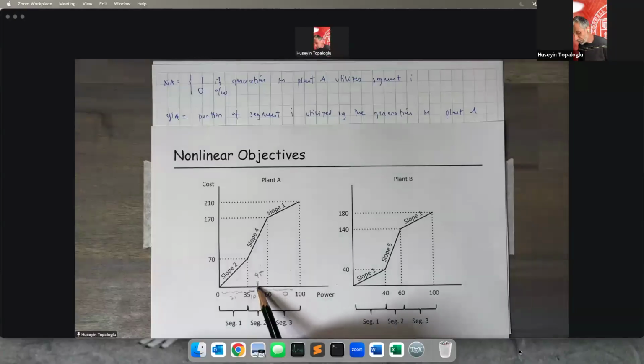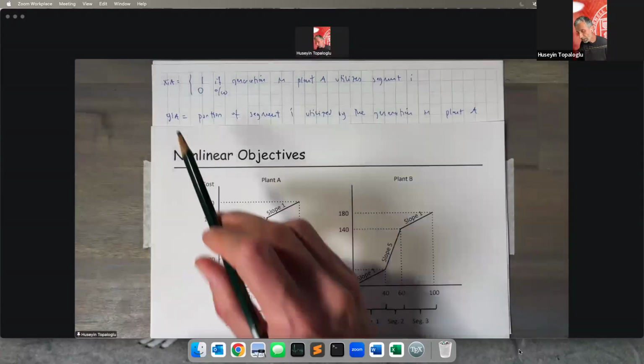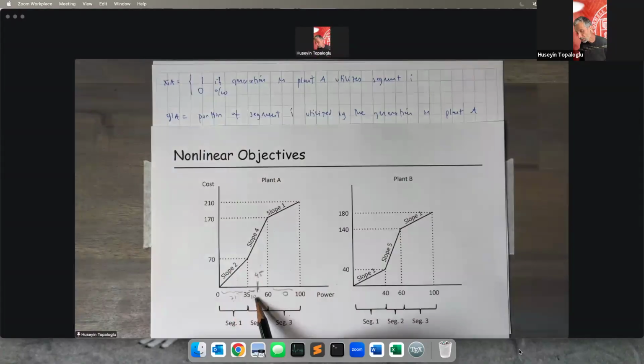So if you're generating 45 units of power in plant A, for the first segment we're utilizing 35 units, for the second segment we're utilizing 10 units, and for the third segment we're utilizing 0 units. So then y_1a is going to be 35, y_2a is going to be 10, and y_3a is going to be 0.